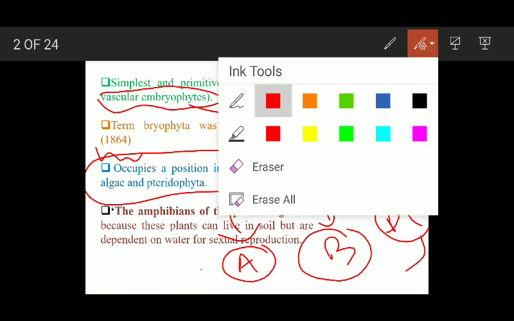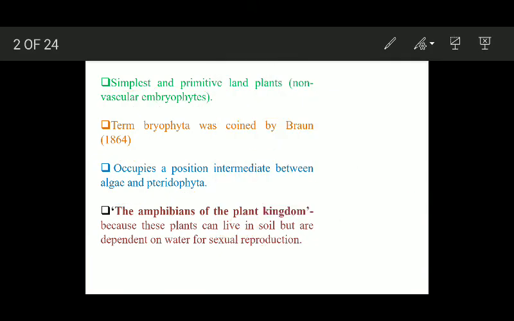The bryophytes, they are named as amphibians of plant kingdom because they usually live on soil, but they are dependent on water for sexual reproduction, just like the amphibians of animal kingdom are. जो amphibians होते हैं animal kingdom में, they live on terrestrial habitats, but when it comes to reproduction, they use water. Same is the case with these bryophytes.